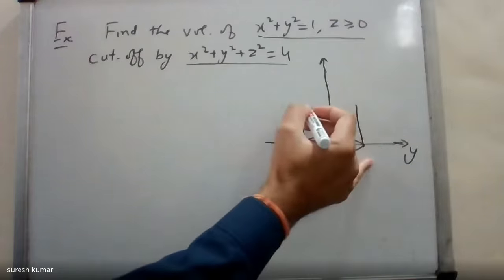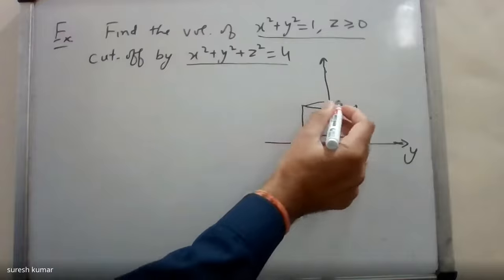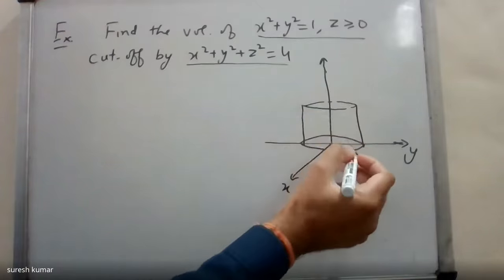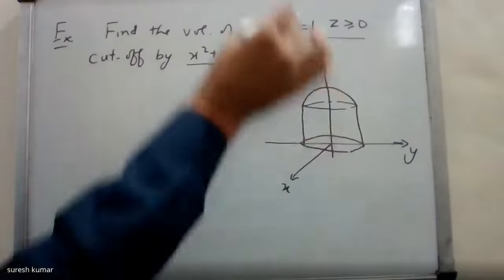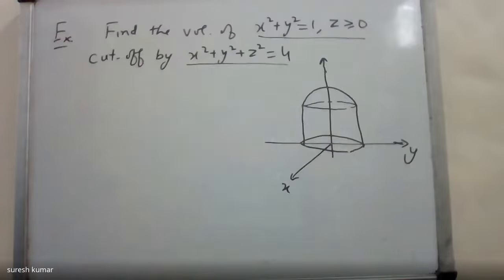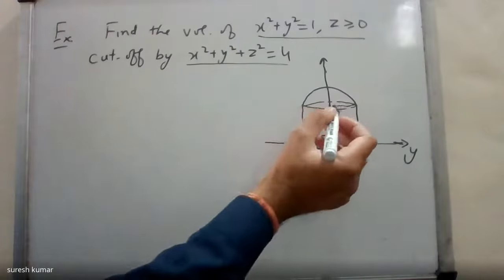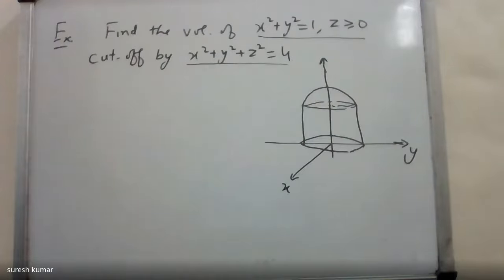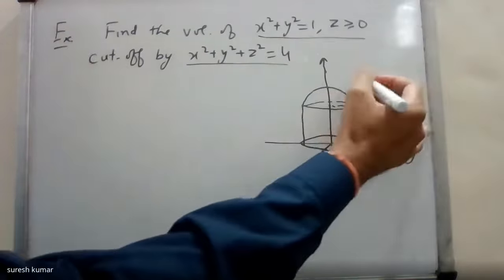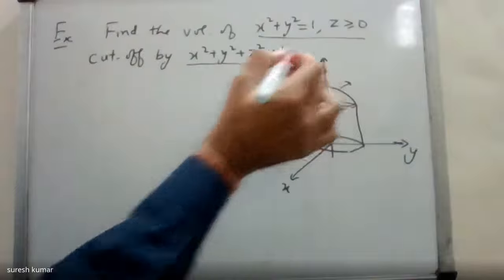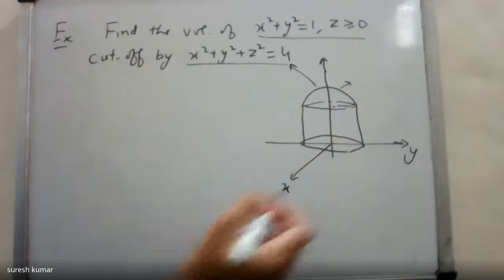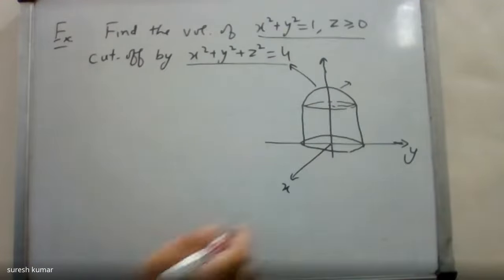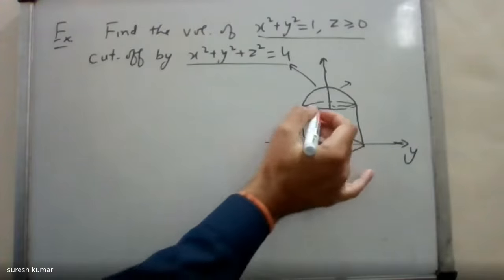When the infinite cylinder above the xy plane is cut off by the sphere, you will get this kind of shape on the upper side. This is the sphere, and this is your cylinder above the xy plane. Fine. So we need the volume of this whole region.